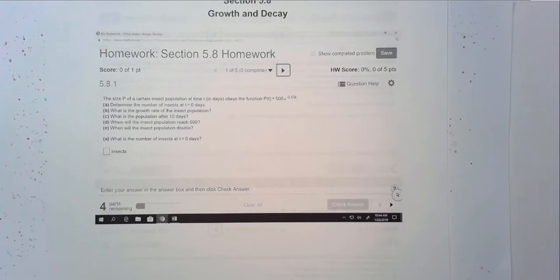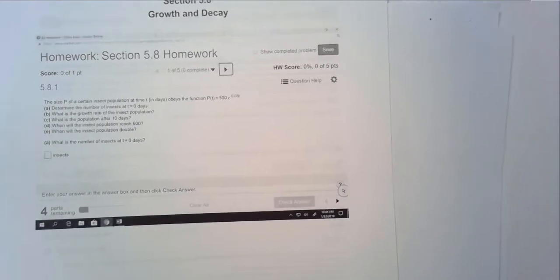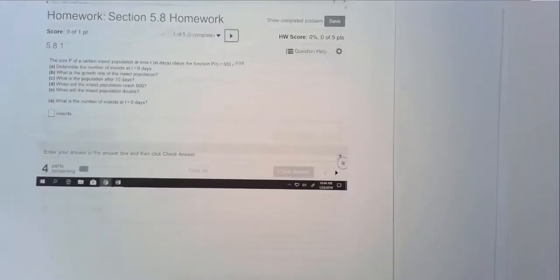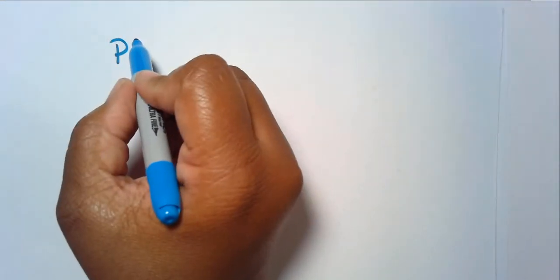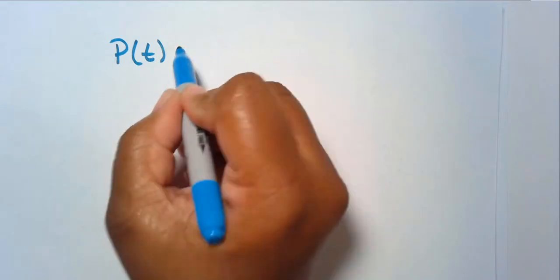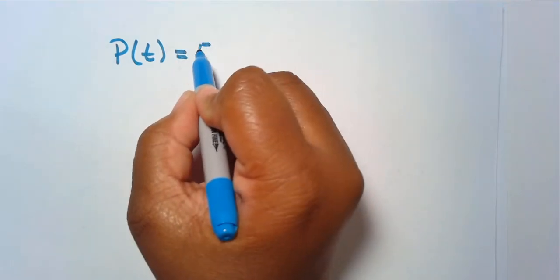So we're going to use this formula. Now this is the formula that represents actually growth, because our k in the formula is 0.05. So let me write out the formula so that you can see this a little bit better on the screen.